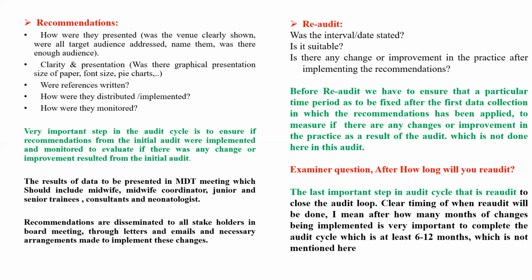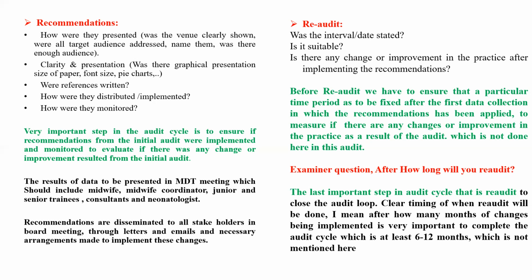Coming to the final step, which is the re-audit. What are the points you have to comment about in the re-audit? You have to comment about the interval or date stated, whether it was suitable, and if there is any change or improvement in the practice after implementing the recommendations. So how to say it?